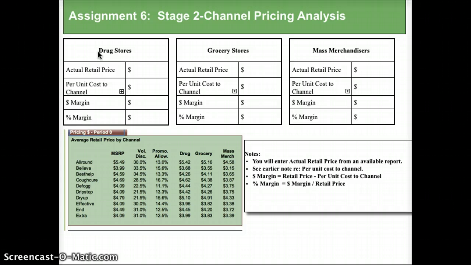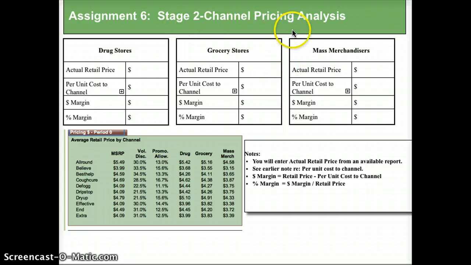I'm not giving you these numbers, of course you'll calculate those, okay? We had our overall margin for All-Star and the all-round brand, which is the only brand you currently offer. But one of the questions we want to answer is, does that margin differ in the drugstore, in the grocery store, and in the mass merchandiser? And probably the answer is, well, yes, maybe, or no. But this is why we're going to do these calculations here, okay?